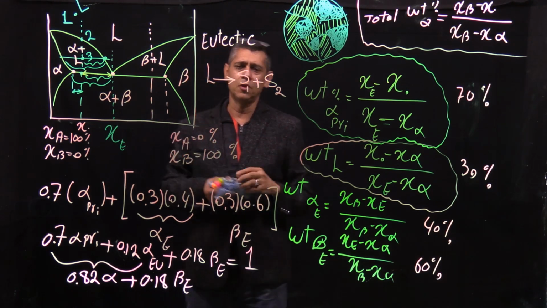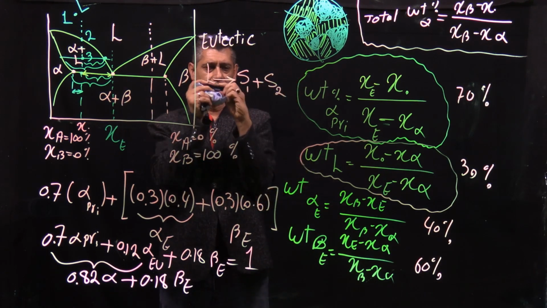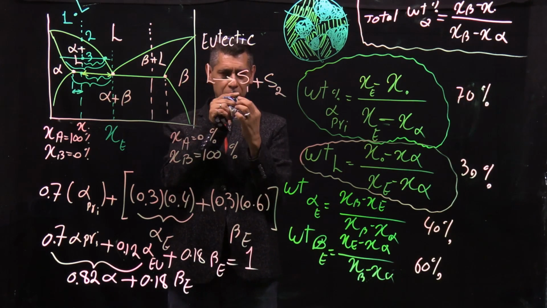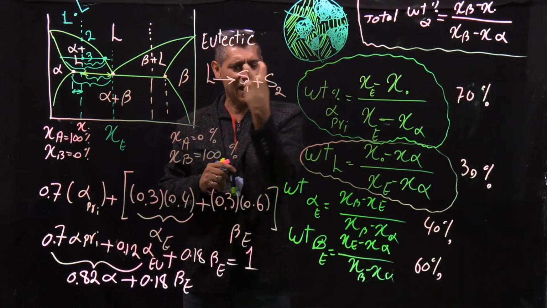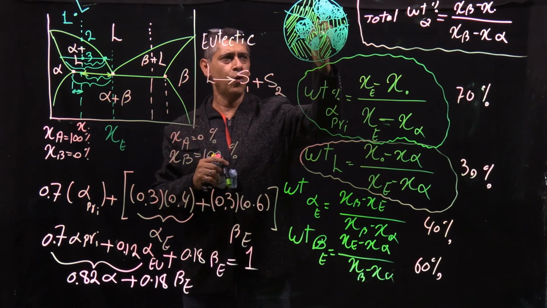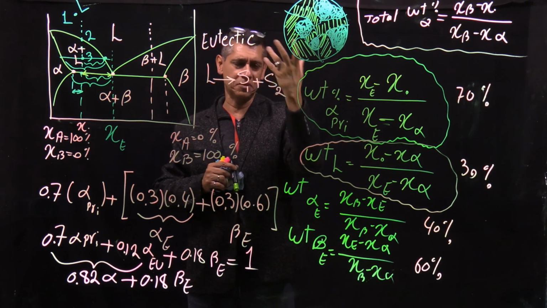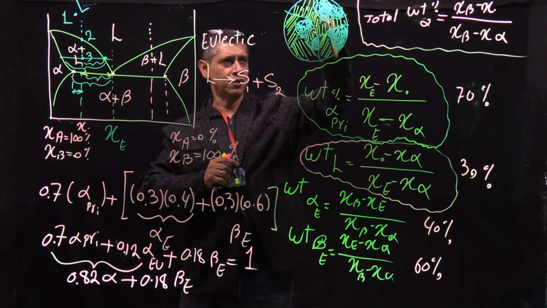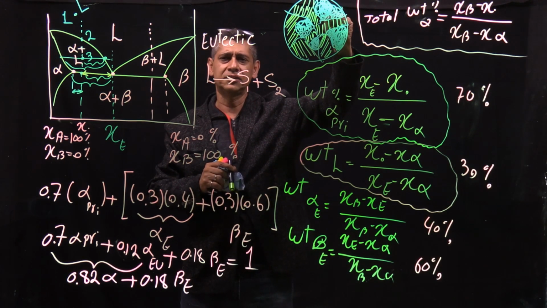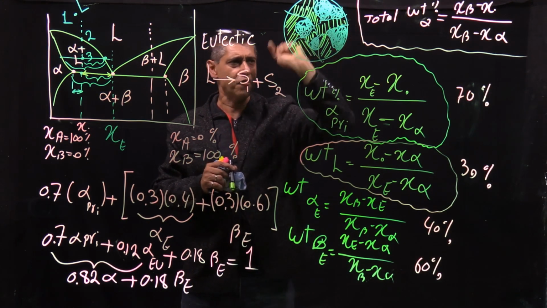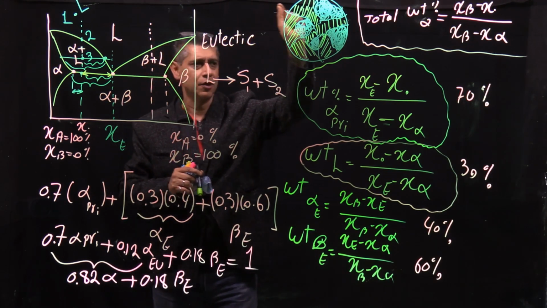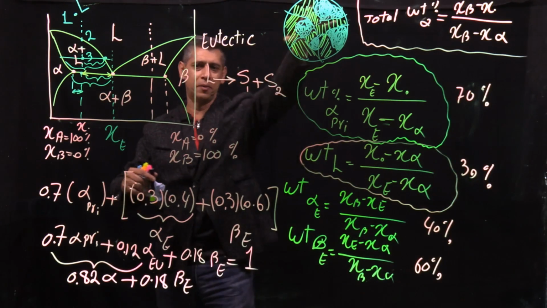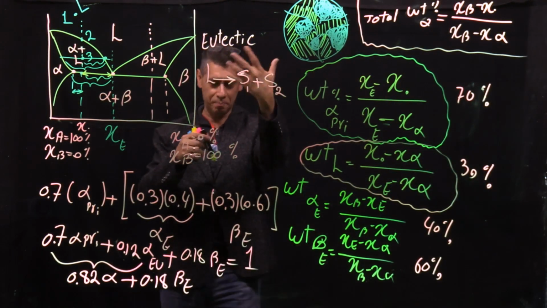But if you don't have that $2 million machine, if this shaft broke, you go and cut it and you just polish it and etch it, look at it under a microscope, and you look at what is the actual weight percent by image, because surface area represents the weight, because mostly they have the same kind of density. So you see up to 30% of this solid primary. From there you can guess the alloying element in this. So this simple calculation could replace a $2 million machine in a very basic way.